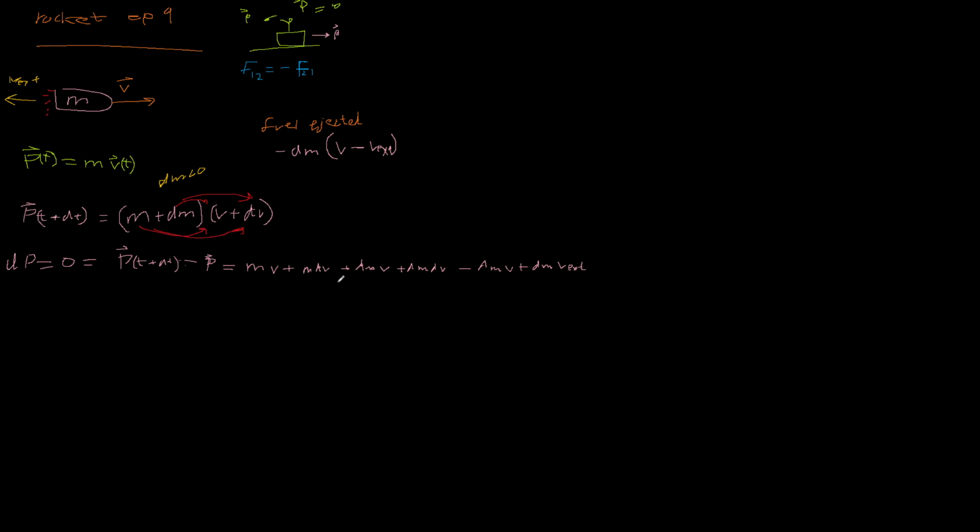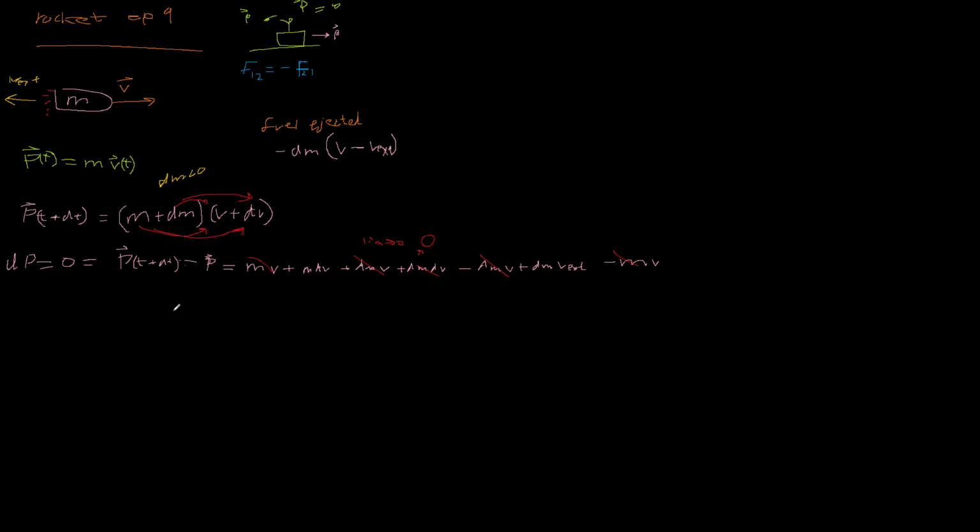What can we do with this? Okay, so we have a dm dv here. Because these are infinitesimally small as they approach 0, the limit approaches 0. You can cancel this guy out, and we're left with mv plus mdv. And then minus p, so minus mv. And so these terms cancel out.